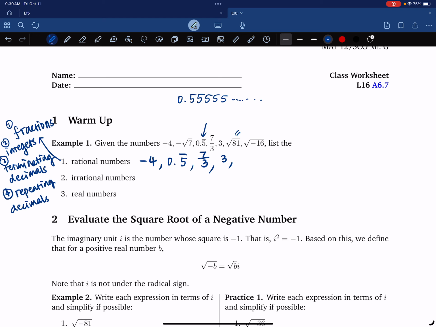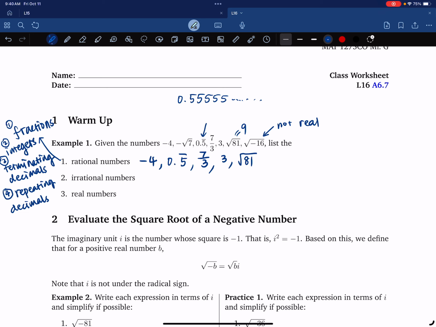What is radical 81? It's 9, which is an integer, which means it's also rational. So let's put that down. And then the last one is radical -16. Radical -16, if you remember, before this handout, we keep saying that this is not real, right? It's still not real today, so nothing's changed. And since it's not real, it cannot be a fraction. And thus, it's not a rational number.